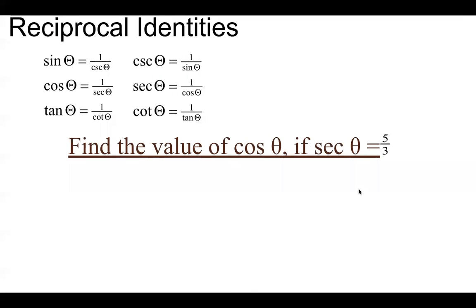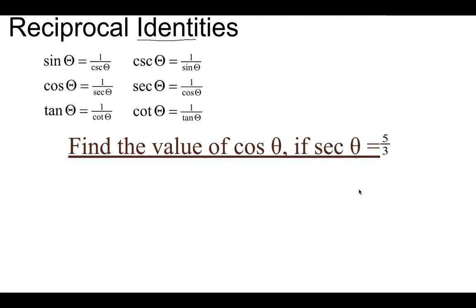So what we have here are identities, and the root word of identity is like identical. So reciprocal identities means that you flip it over. So sine theta, this is a theta letter, and we oftentimes use theta, is 1 over cosecant. And you might think of sine and cosecant as being cousins, I guess.